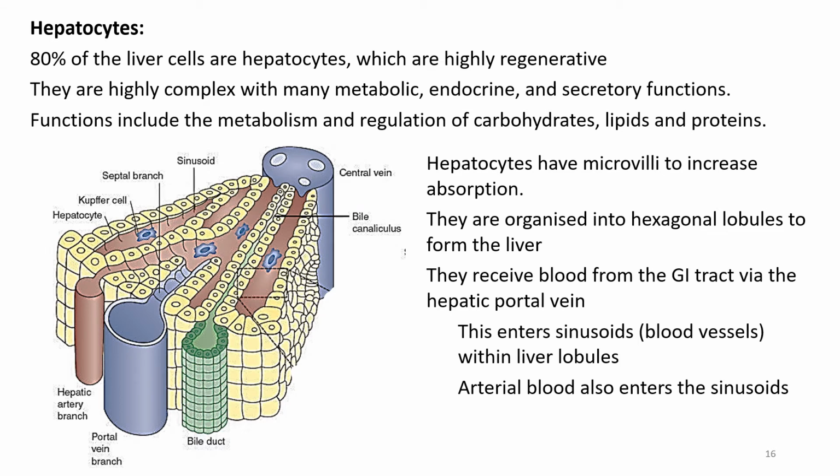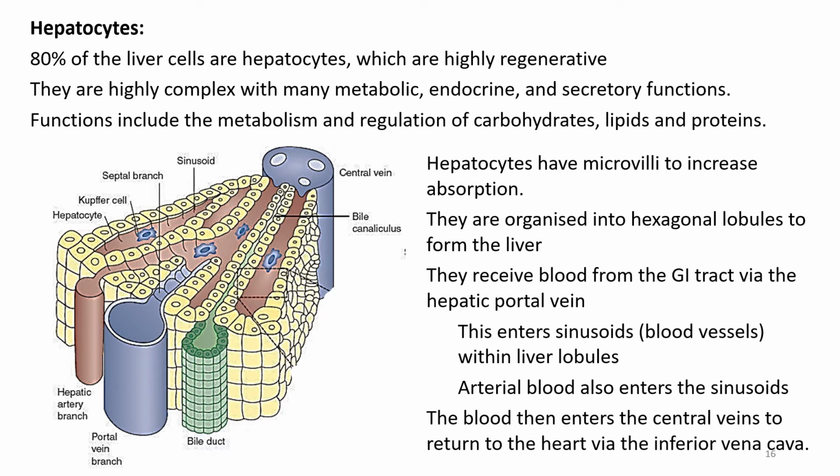So they receive blood from the GI tract via the hepatic portal vein. That enters the sinusoids, the blood vessels within the liver lobules that run between the rows, if you like, of hepatocytes. And a bit of arterial blood also, because, of course, hepatocytes need their own supply of oxygen and everything else to keep them going.